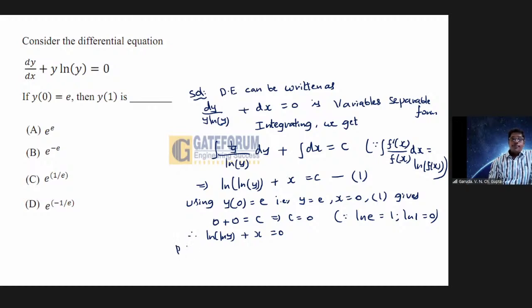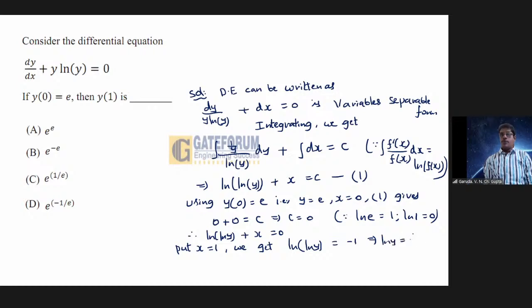Put x is equal to 1, to find y of 1. We get log of log y is equal to minus 1. So eliminating one logarithm, the other side becomes exponential from the definition of logarithm and exponential. So log y is equal to e to the power minus 1. Again, eliminating this logarithm, this side becomes exponential: y is e to the power e to the power minus 1, that is, e to the power 1 by e.